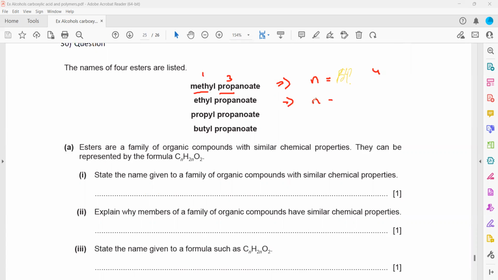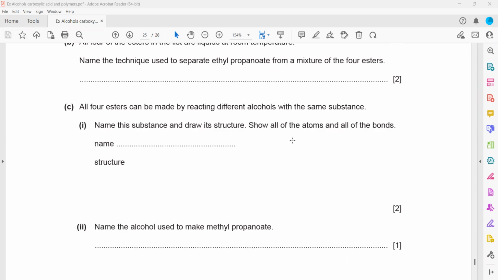Ethyl propanoate: eth means 2, prop means 3, so 5. Propyl propanoate: 3 and 3, so 6. And butyl propanoate: but means 4, prop means 3, so this will be 7. If it was butyl butanoate, then it will be 8. The value of n is the total number of carbons we count from the compound.